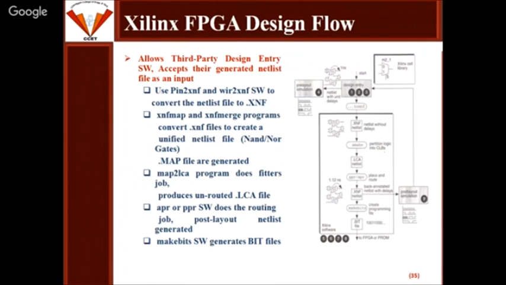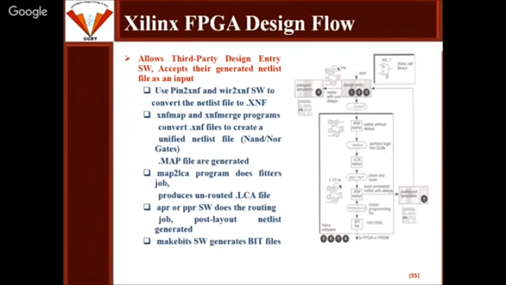So you can see that the pin to XNF and wire to XNF software convert the netlist file into XNF. The .xnf extension will be there, and then the mapping and merging program will convert that XNF file to create a unified netlist based on NAND and NOR gates, and then a .map file will be generated.